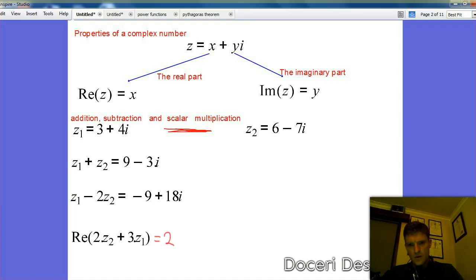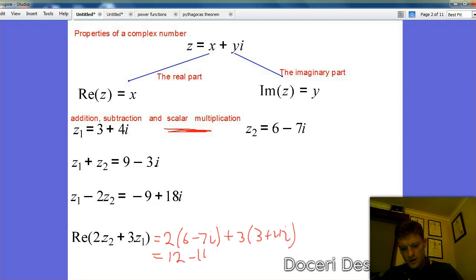Let's simplify what we have. We've got 2 of 6 minus 7i plus 3 of z1, 3 plus 4i. Okay, so that gives you 12 minus 14i plus 9 plus 12i.